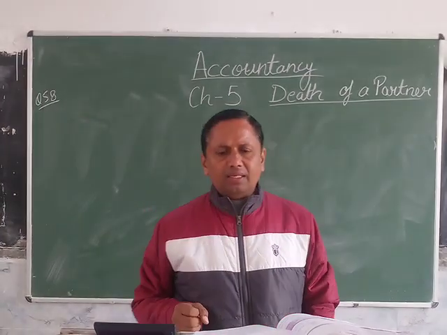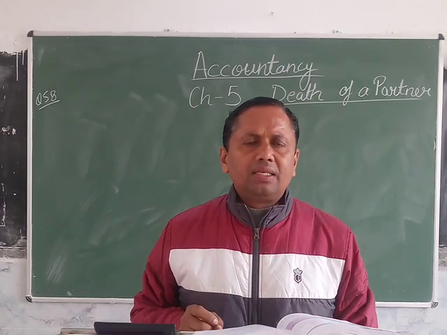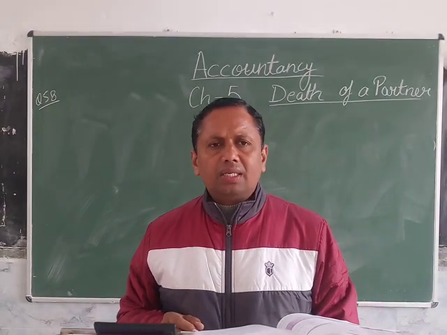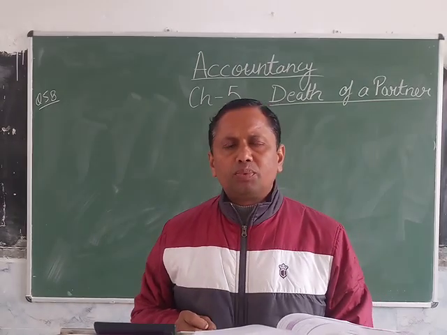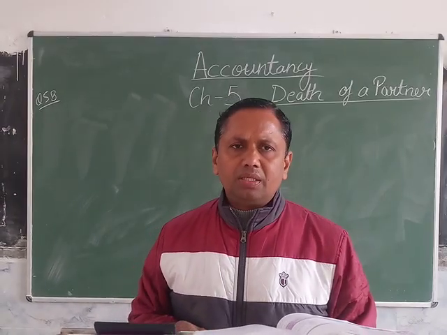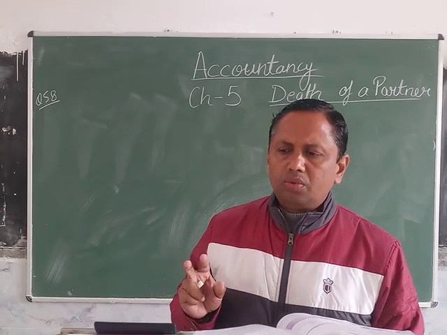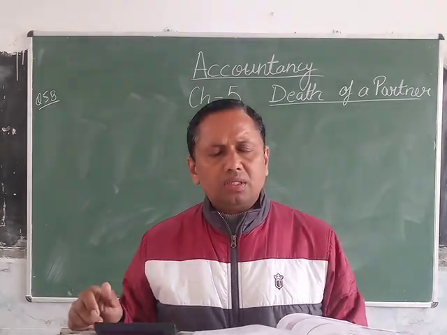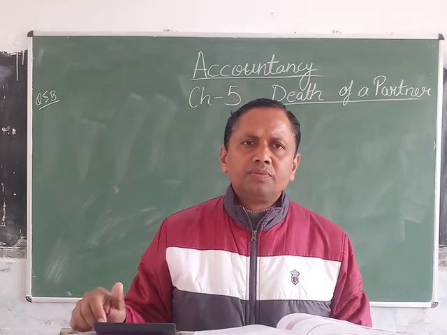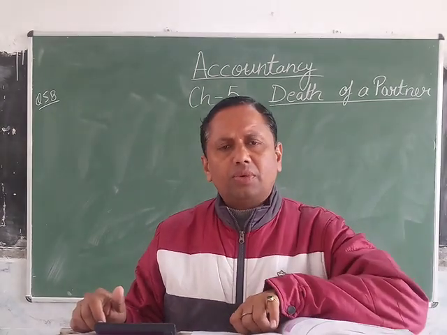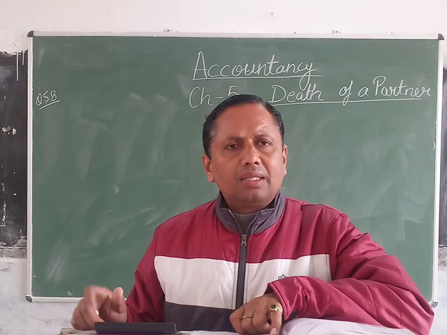While solving a question on death, first of all we calculate the share of the deceased partner and the time up to the date of the last balance sheet. These two things the students calculate first, and then they solve the question and focus on what the points of the question are.